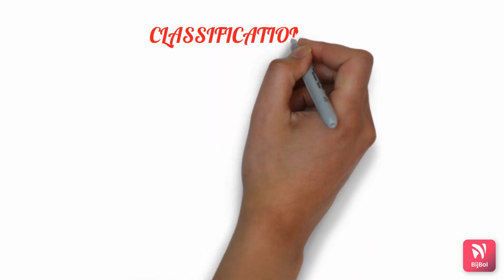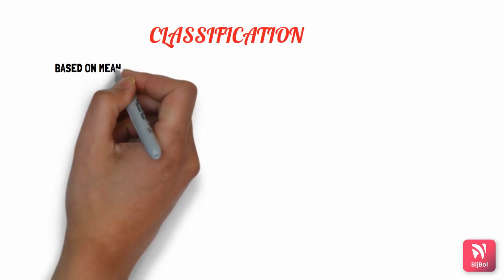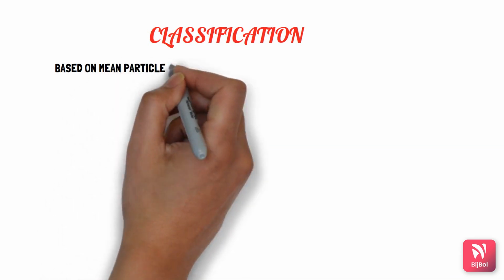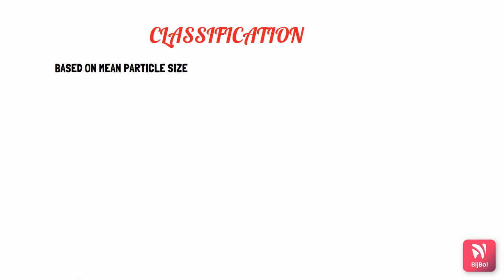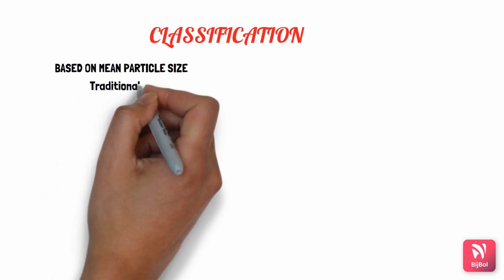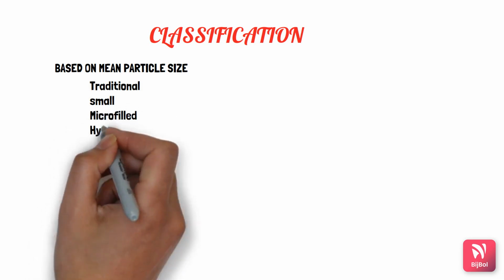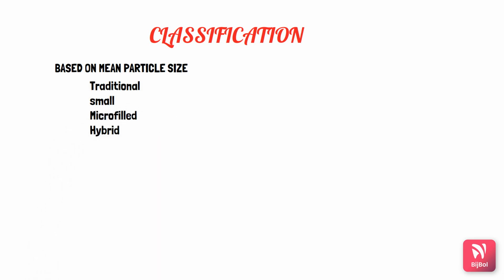Now we'll see the classification of the composite resins. Based on the mean particle size of the major filler, the traditional composites are the conventional or the macro-filled composites, which have a size of 8 to 12 micrometers.